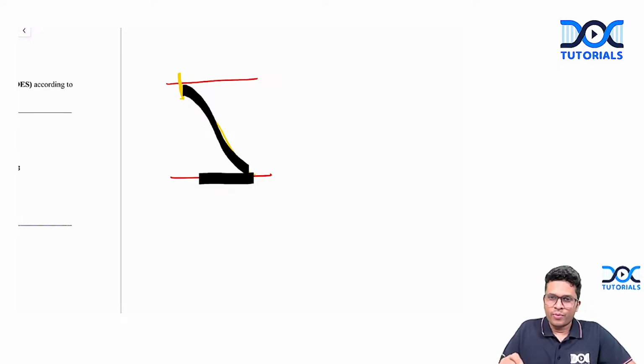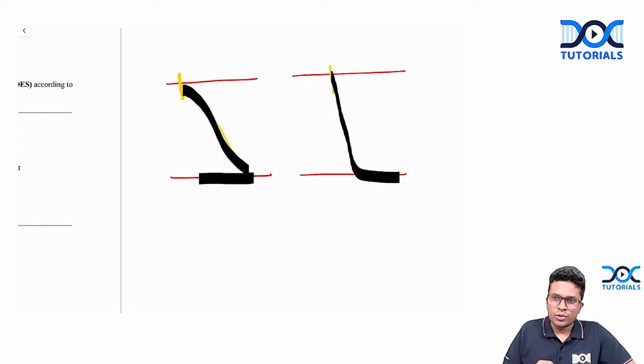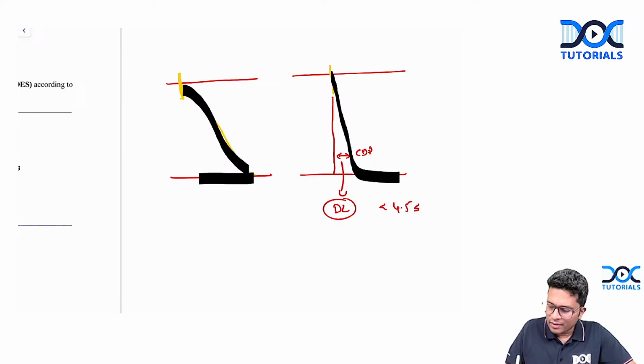In a few of the patients who suffer from distal esophageal spasm, after the pharyngeal contraction, that is relaxation, the swallow starts, the peristalsis goes almost vertical. So this distance, that is from the start of the swallow to a point called the CDP, is called the distal latency. And if this is less than 4.5 seconds, it is considered as distal esophageal spasm.